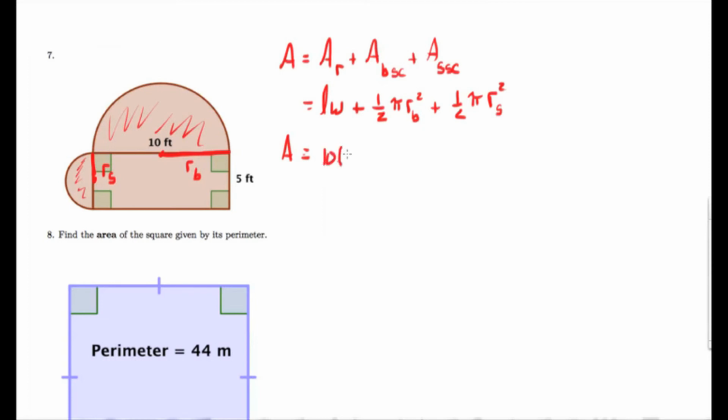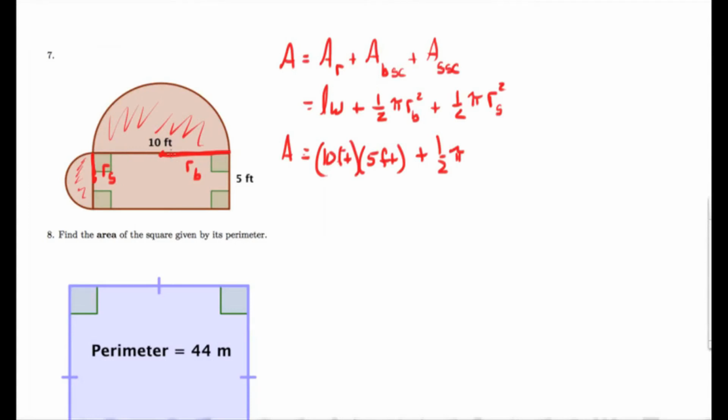So area equals 10 feet by 5 feet plus 1/2 pi, and the radius, so the diameter here is the same as the side of the rectangle.